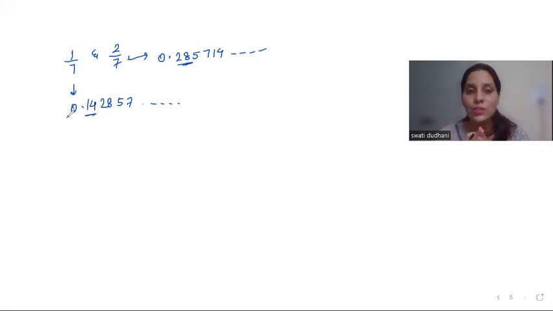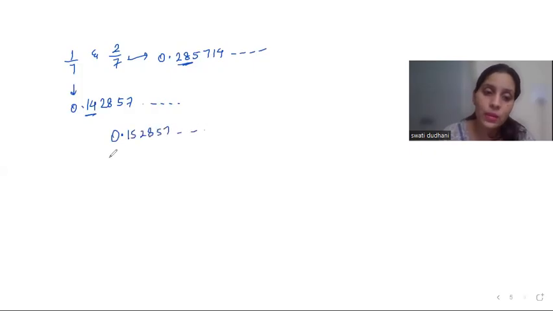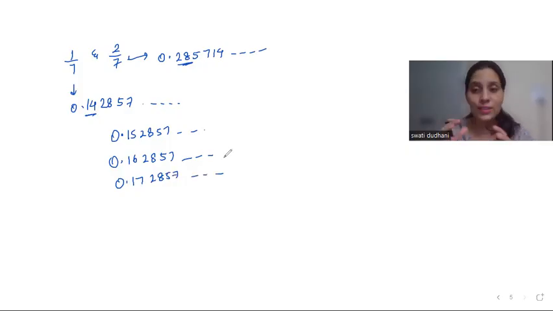So all the numbers between 14 and 28, let's say 0.152857, 0.162857, 0.172857. All these are irrational numbers between these two numbers.